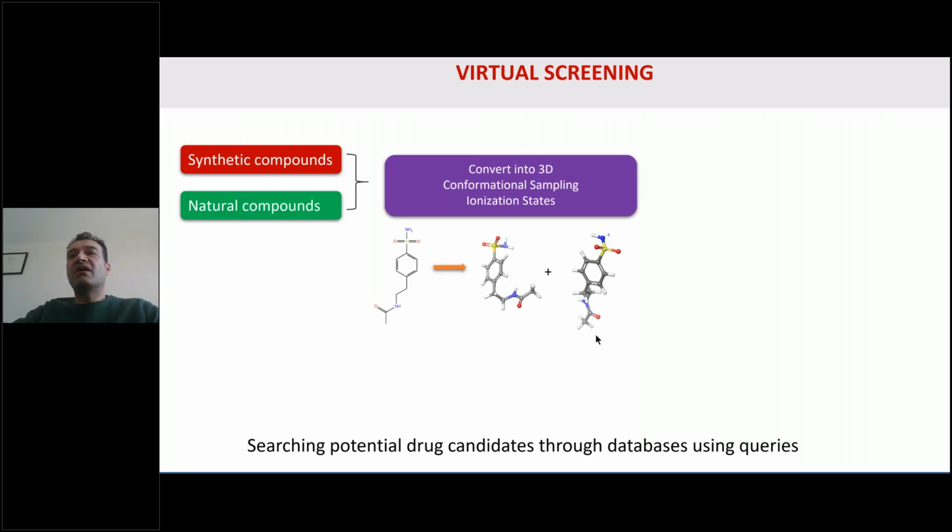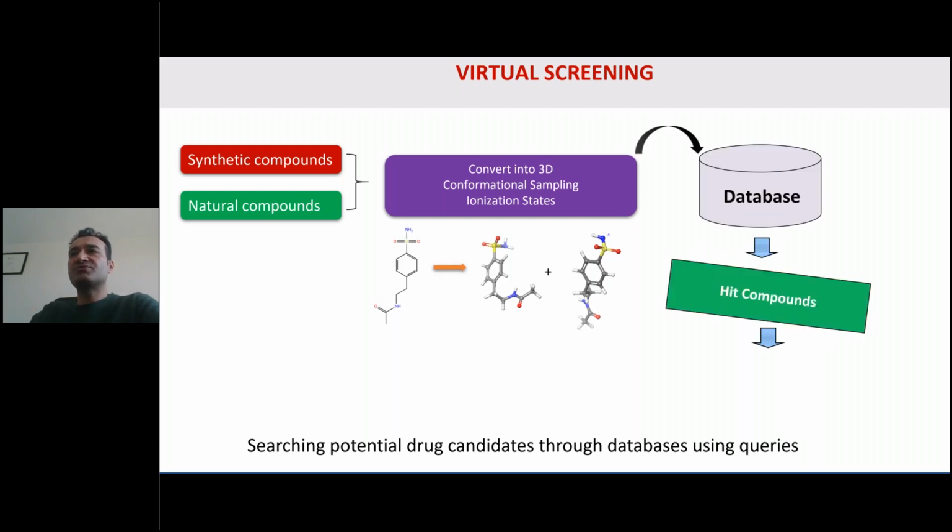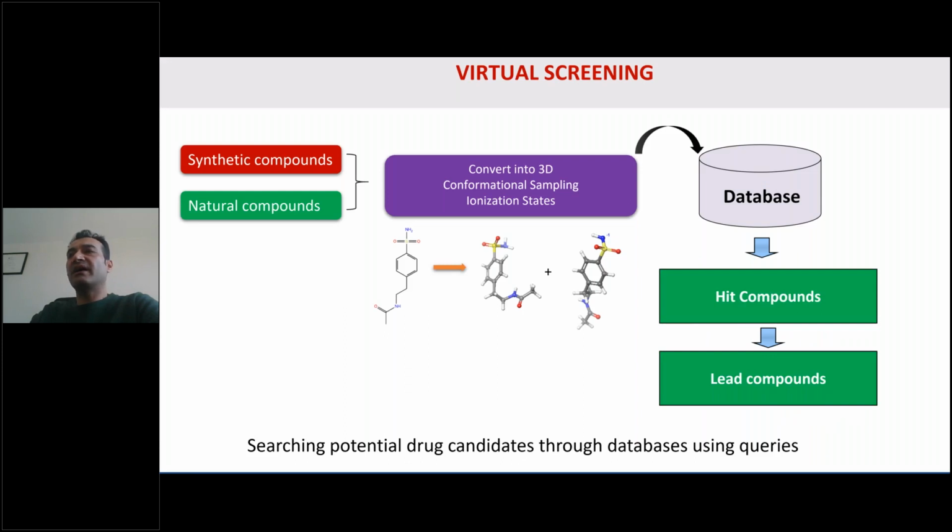You can generate R isomer, S isomer, E isomer, Z isomer, and different ionization states to cover a large chemical space here. Then you prepare your database, you search through the database, and the results will be your hit compounds. Upon analyzing and optimizing the hit compounds, you can find your lead compounds.